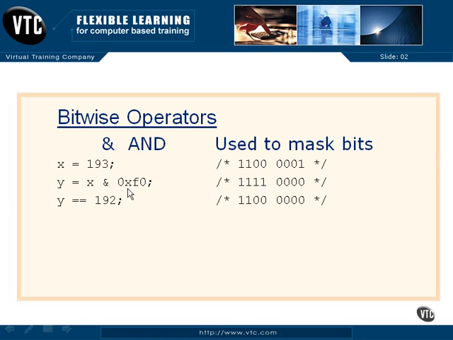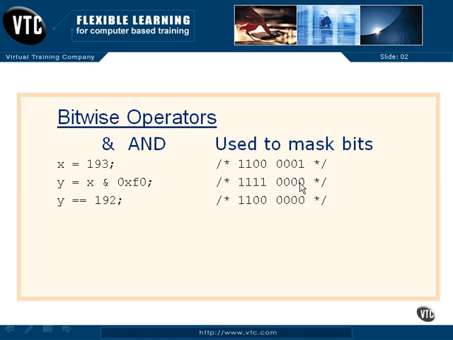So if we AND this together, the only bits that will come through are the ones in this byte, because in this part of the byte, we say if this bit and this bit are both set, then the bit down here should be set in the result. These bits are not set in the original value, but they are in the mask, but it still doesn't work out to be an AND, so we get zeros down here.